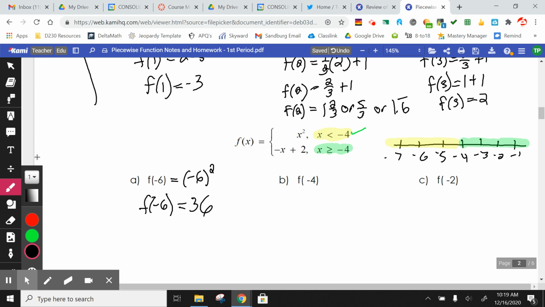Letter B, we want x to be -4. So now we have to look at the first interval, look at the second interval, and identify if x is -4, which inequality it satisfies, the first one or the second one. And whichever one it satisfies, that's the one we plug into. Right, and it satisfies the second inequality there. So since -4 satisfies this inequality, we're plugging it into the second function.